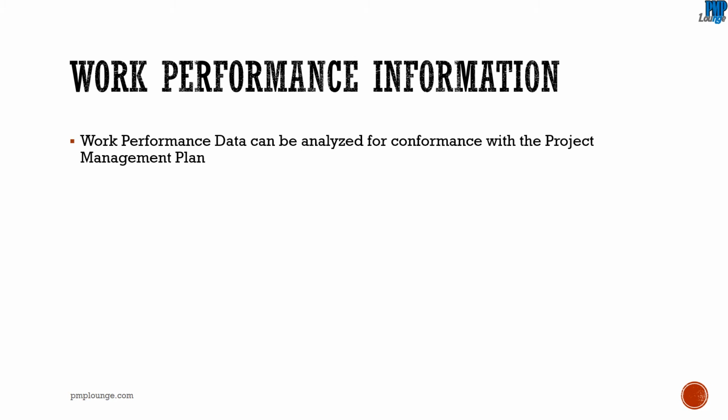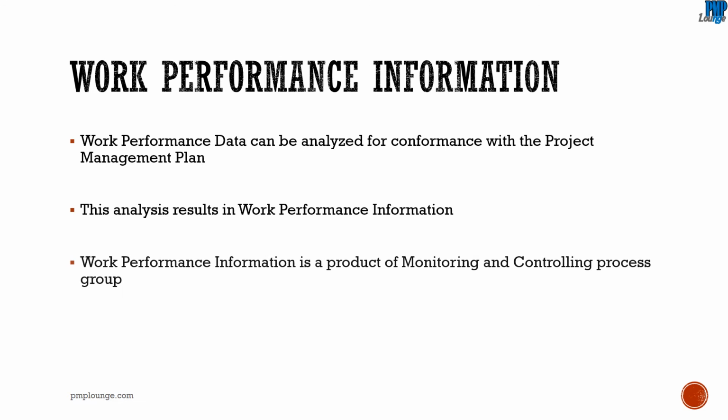Now we analyze it based on our project management plan, and we come to a conclusion that in our plan 50% of the code was to be complete by 1st of January and we are at 45% only. So the information that we got out of this is that we are 5% behind in coding. The analysis that we just did is work performance information.